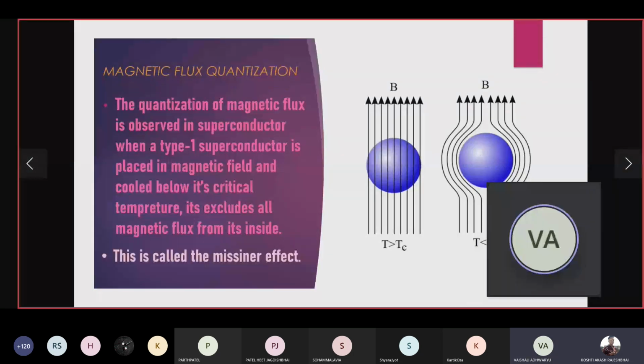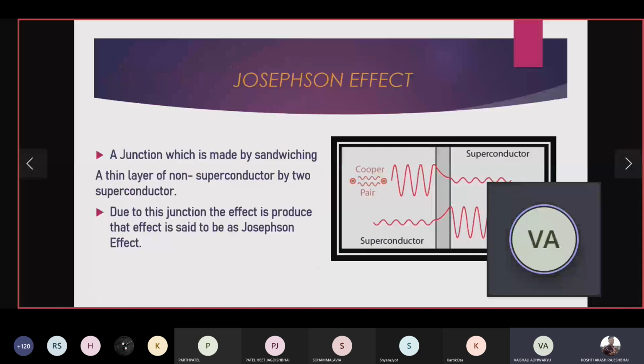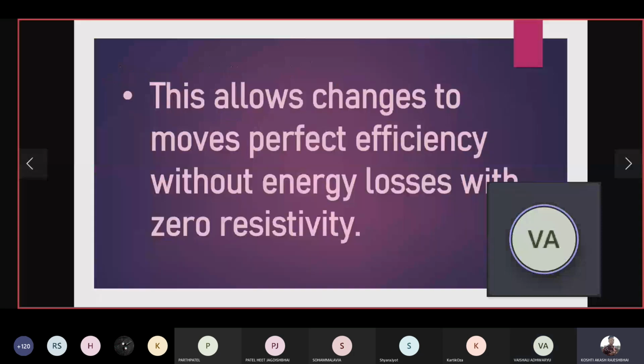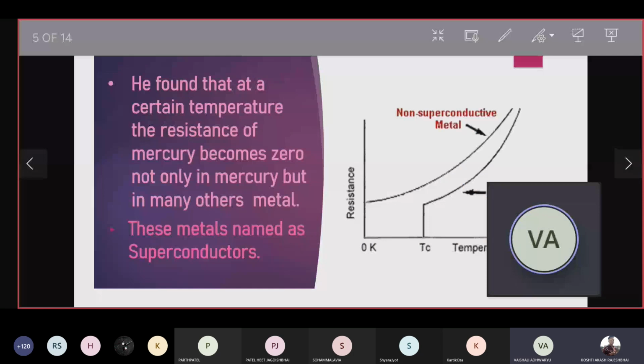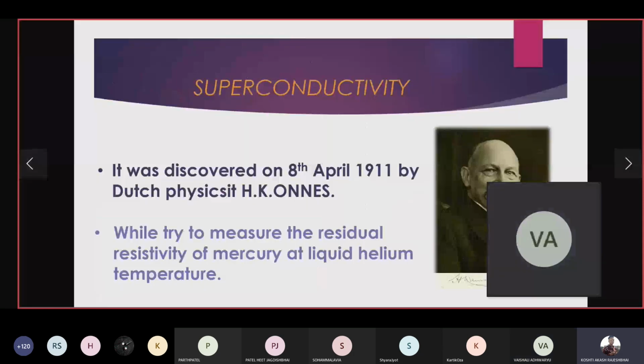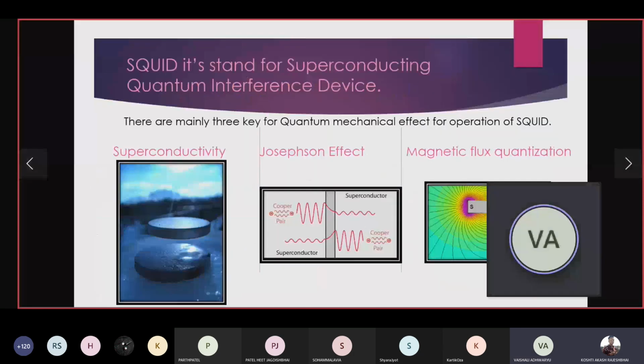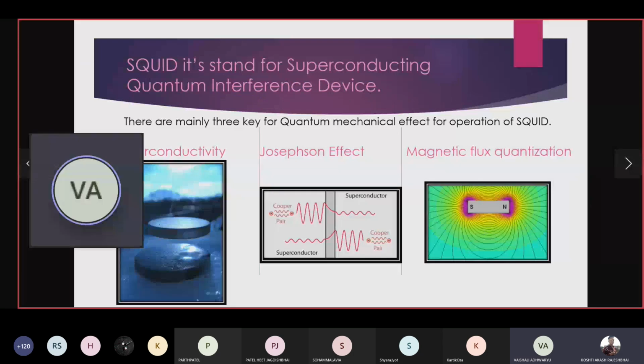The one in the middle, the Josephson effect, that tunneling effect, that is the one I am asking about. Will you explain? Please explain this in detail if you know.